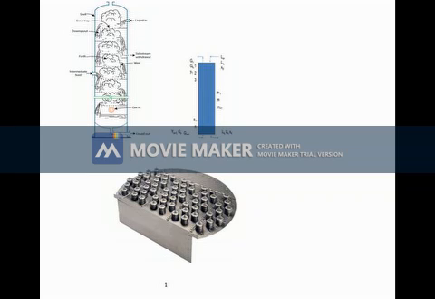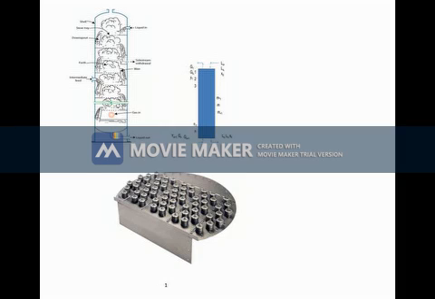As they travel, they will be in intimate contact at the plate, and so transfer of solute from the gaseous phase to the liquid phase takes place at the plate. In between, there won't be any transfer. That is what we are assuming, whereas in the packed column, the exchange of solute from the gas to the liquid takes place continuously.